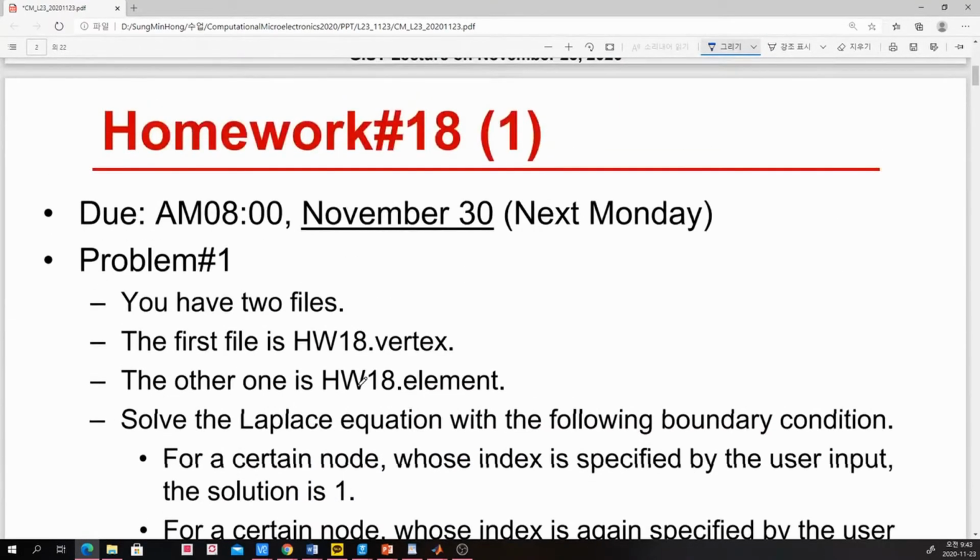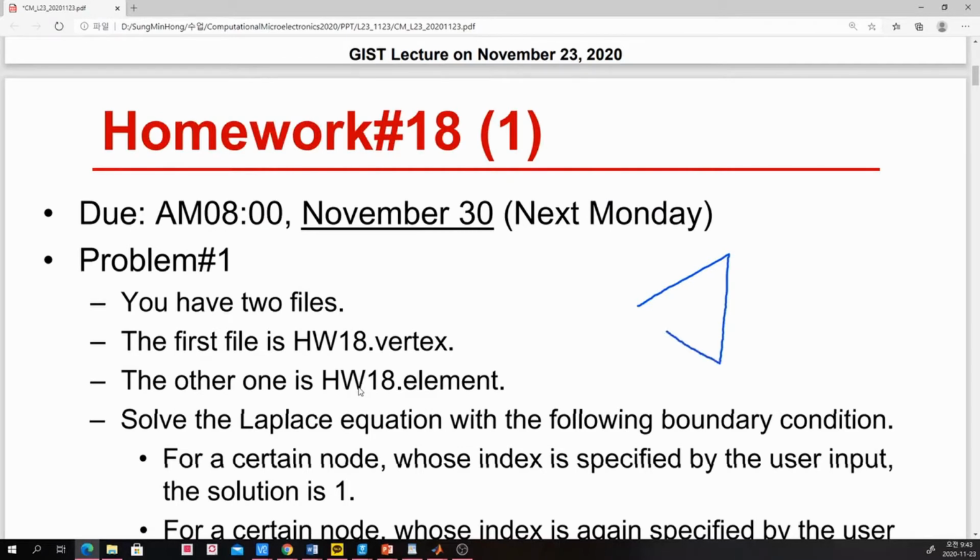Because you have to internally calculate, if you have a certain triangle, the lengths of your normal lines. Please use this line to calculate the flux for this and this element.